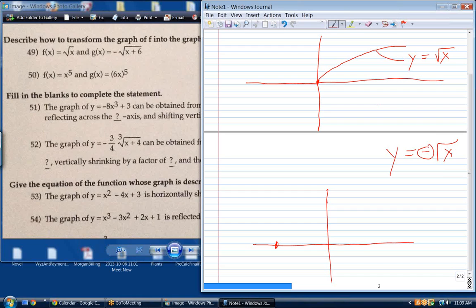Well, if x is 16 down here, what is this answer going to be? Negative 4. Right, because it's the square root of 16. So this negative sign merely changes whatever y value we were going to have and makes it negative. So that is a reflection across which axis?